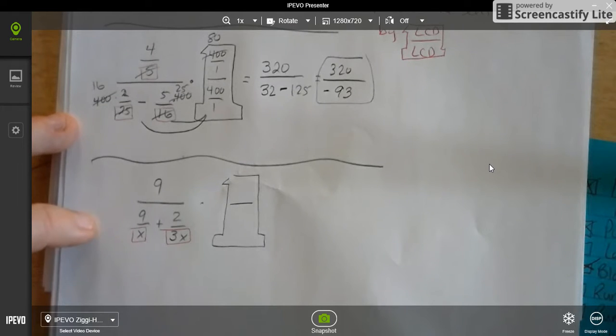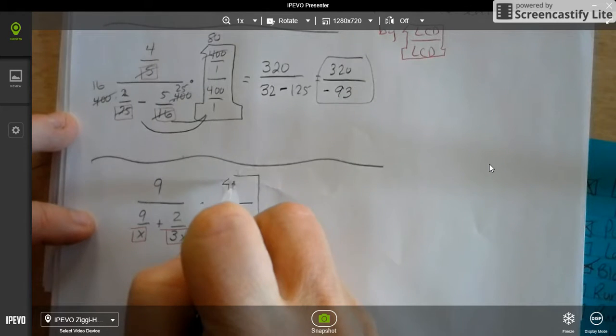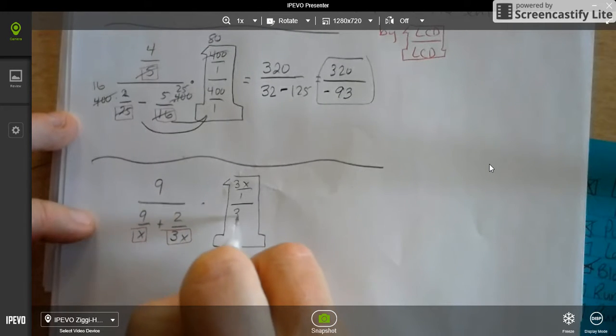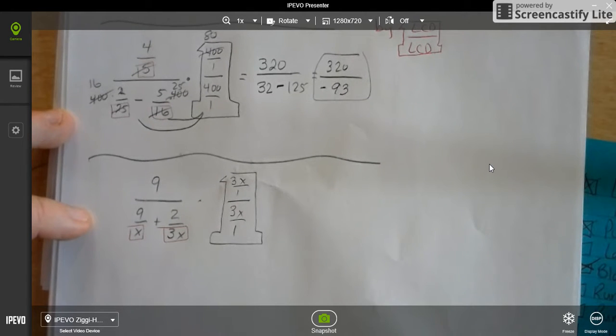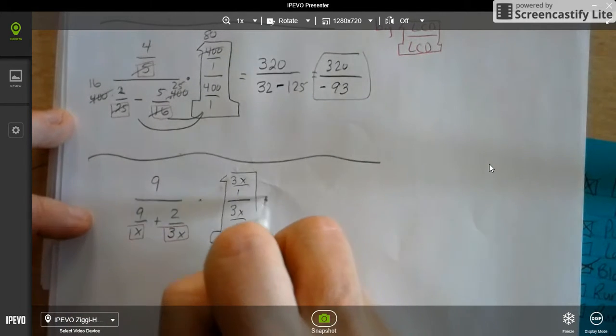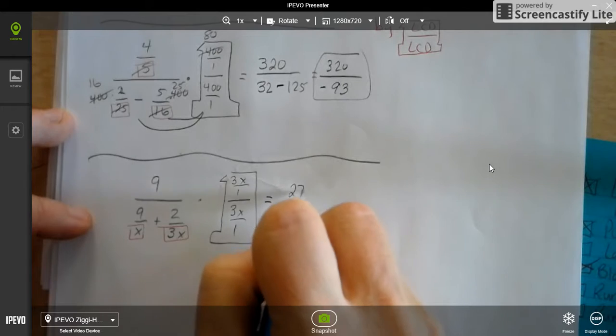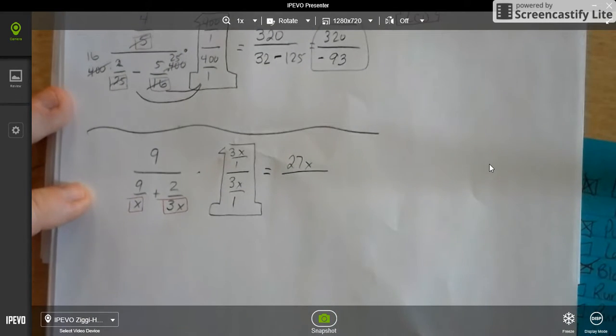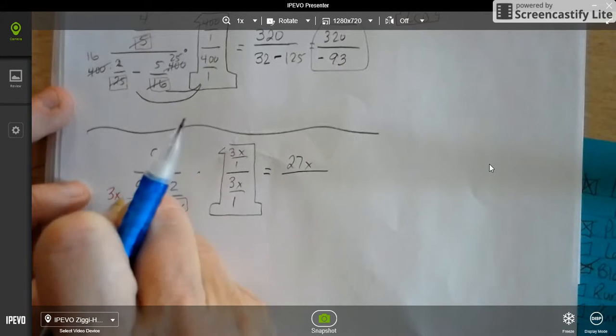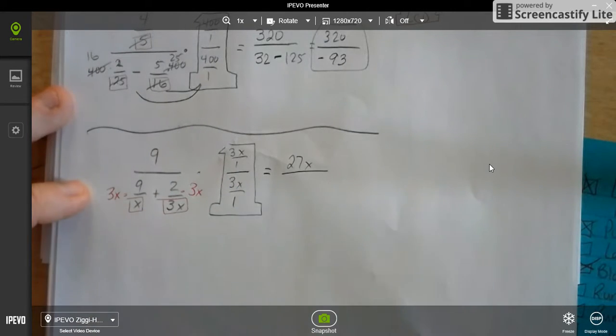So what's the common denominator between x and 3x? 3x. Okay, so we're going to put 3x over 1, 3x over 1. So 9 times 3x gives me 27x in the numerator. In the denominator, I'm going to take each of these by 3x.